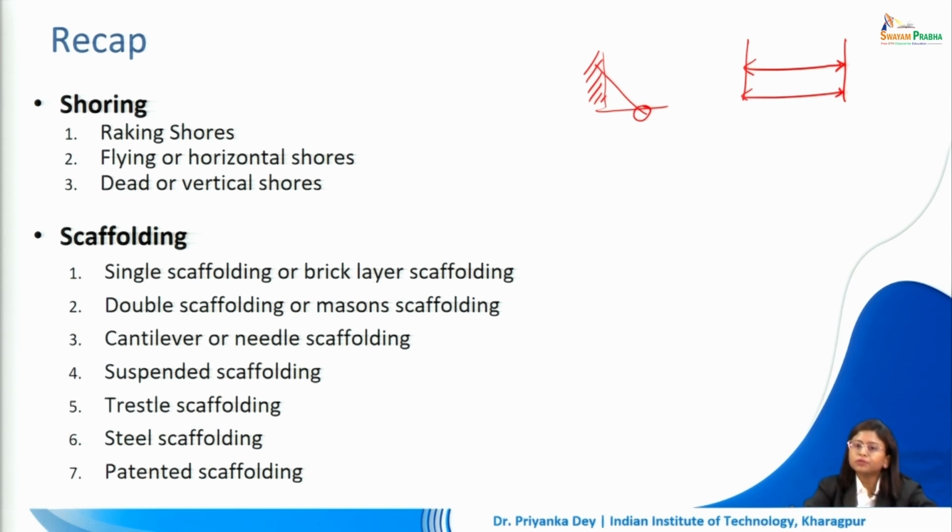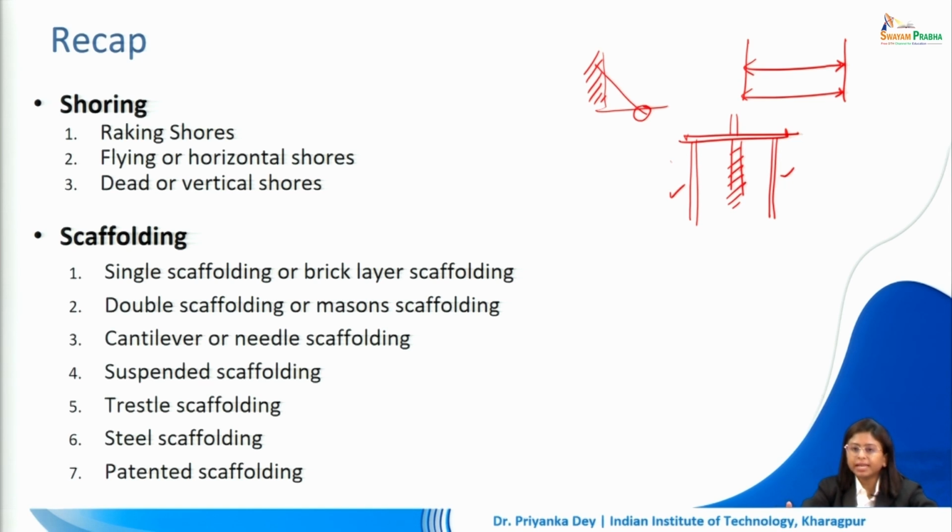The third type of shoring is dead or vertical shore. Here, if we are trying to create an opening in a wall, the needle which is passing through the wall is supported at both ends with vertical shores or dead shores. This is mostly useful if you are trying to create an opening inside the lower part of the wall or doing some repair work in the lower part of the wall.